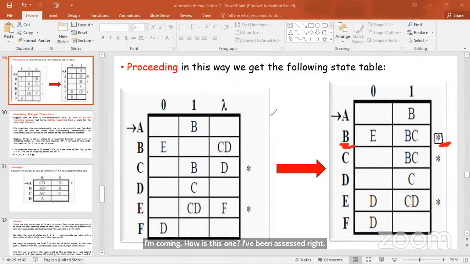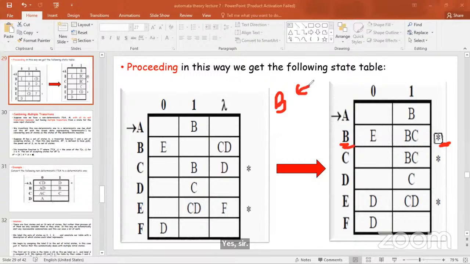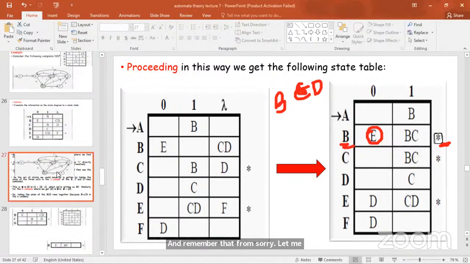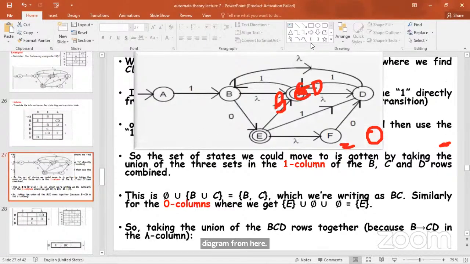Now, once you are doing your processing, like you are doing your union, maybe B, you have E. This is B, you have C, D. Now, during your process, when you are finished processing, you have an element of E. And remember that from the diagram, you can see that E and C are accepting states.